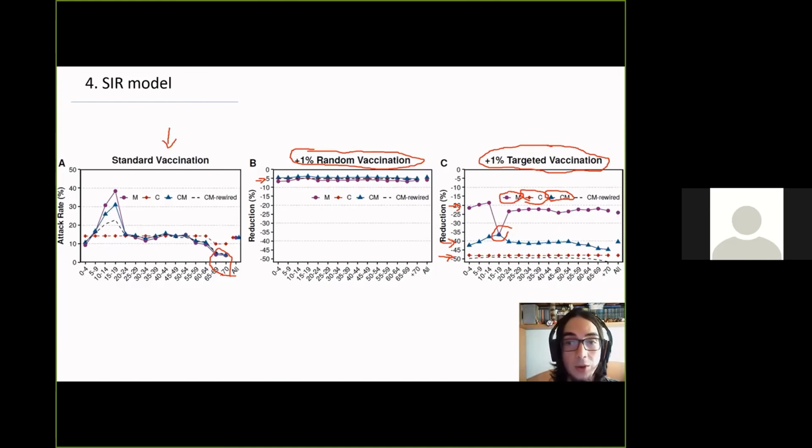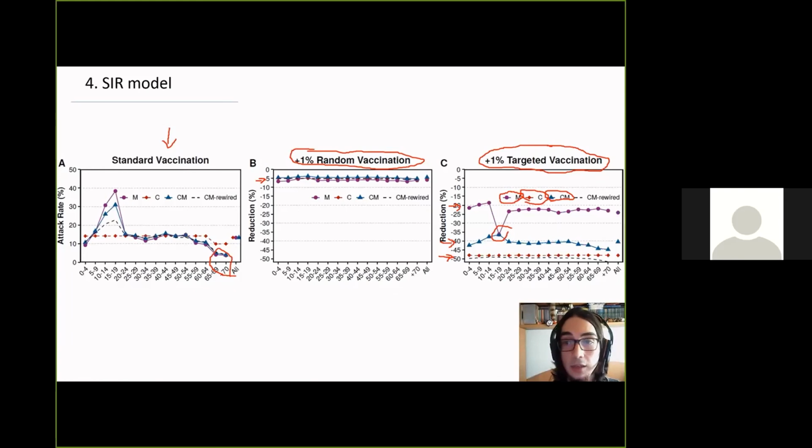But in this case, we know that individuals with a lot of contacts tend to be young, and young individuals tend to interact with each other. So first, hubs are constrained in certain layers, and also the effectiveness of vaccinating one hub is not that high because it's probably connected to other hubs, and thus the effect is not that large.